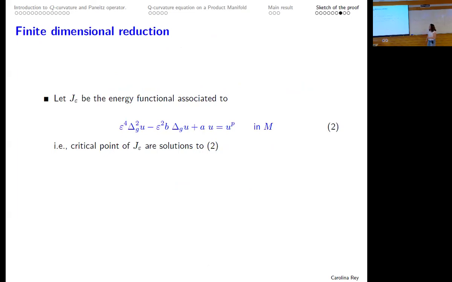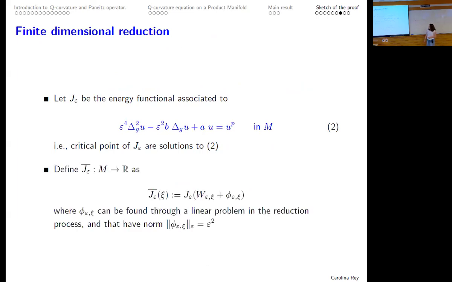So here we have our equation again. We will call J the functional associated with this equation. And we will define J bar, which is the functional J evaluated at W, our approximate function concentrated on a point C, plus a function phi, which we can prove exists for each xi using a fixed point theorem.